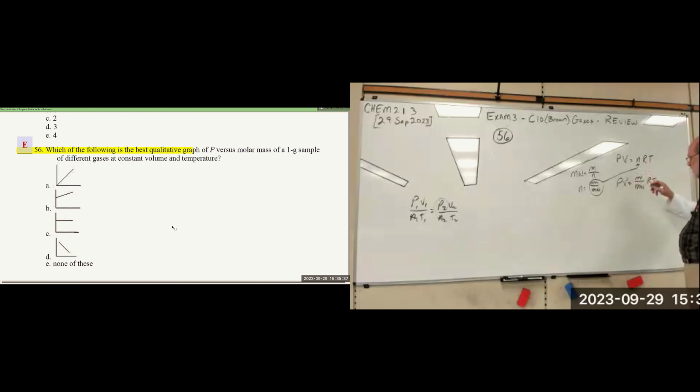So this one's constant, this one's constant, that one's constant. So if we put them all on the same side, then we got RT over volume, which is equal to a constant. See what I did there? I moved this one over here.